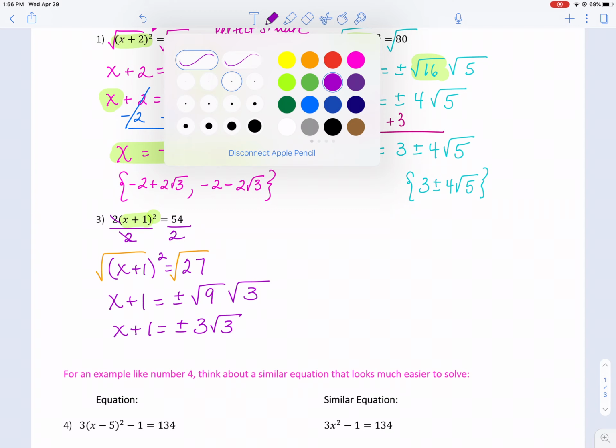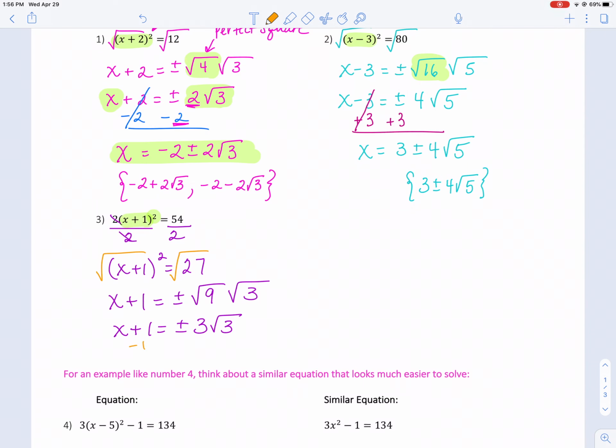And if I do my inverse operation here, which is minusing 1 from both sides, I get my answer to be negative 1 plus or minus 3 rad 3. That whole thing, negative 1 plus 3 rad 3, and negative 1 minus 3 rad 3.